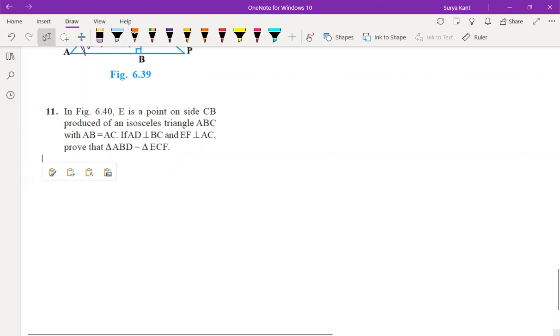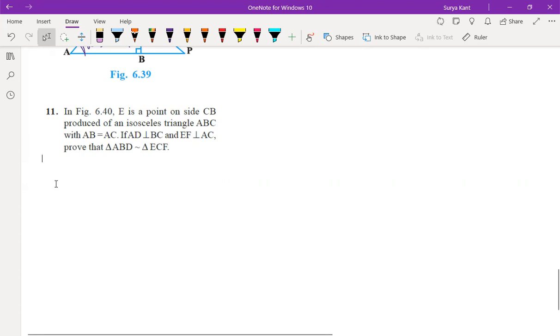Question number 11. In figure 6.40, E is a point on side CB produced of an isosceles triangle ABC with AB is equals to AC.